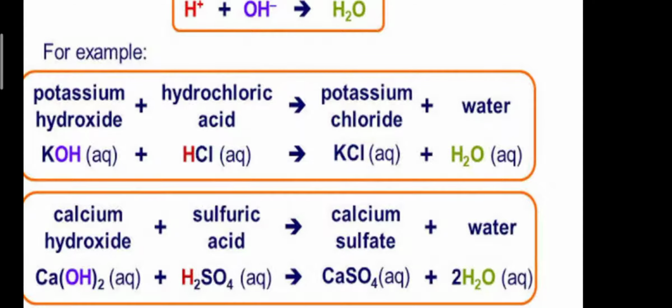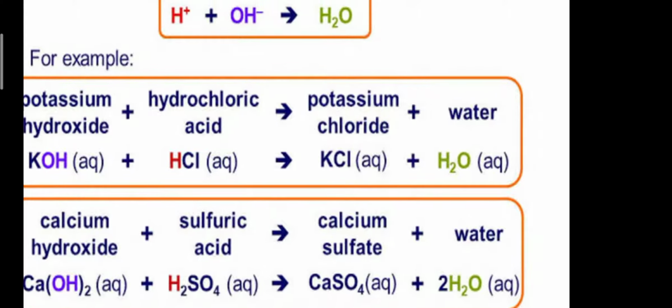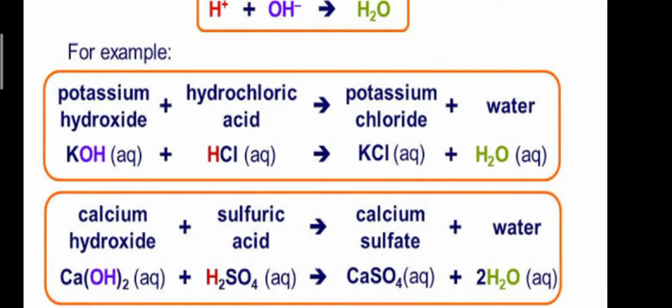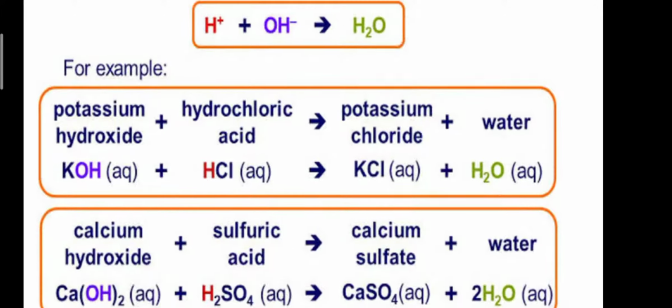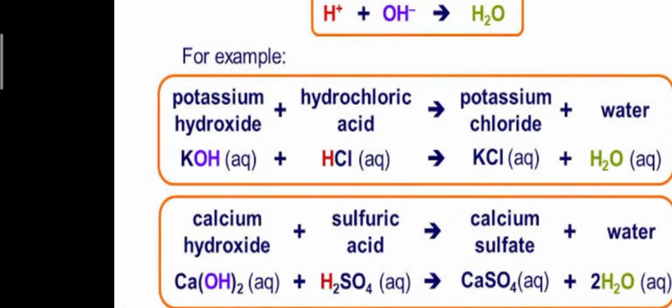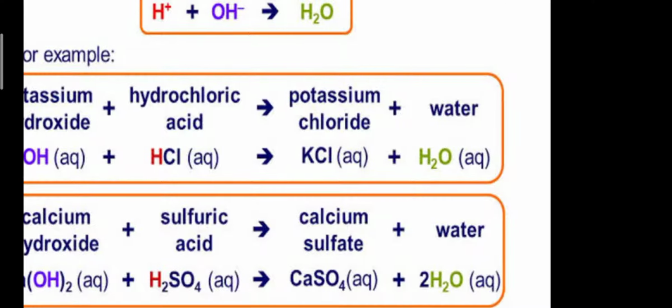Similarly, when calcium hydroxide, Ca(OH)2, reacts with sulfuric acid, H2SO4, calcium sulfate and 2 molecules of water are formed. The OH- of the base combines with H+ of the acid and water is formed.